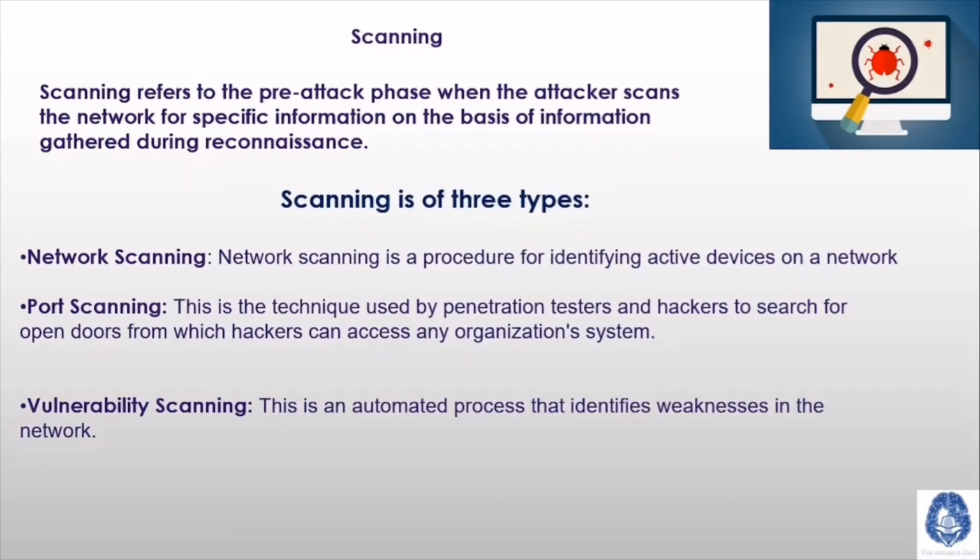The next one is vulnerability scanning. This is an automated process that identifies weaknesses in the network. This type of scanning identifies vulnerabilities that occur due to poor programming or misconfiguration of the network.